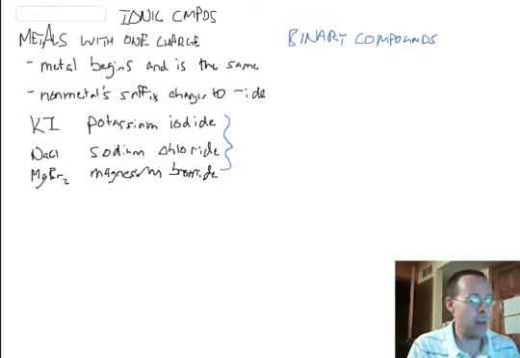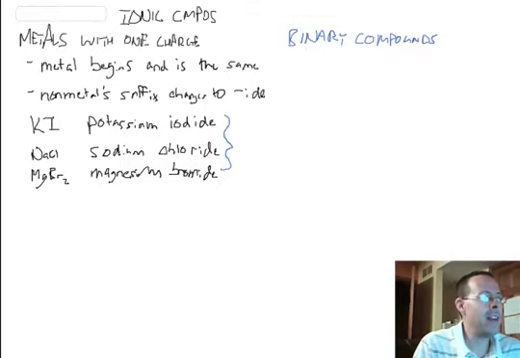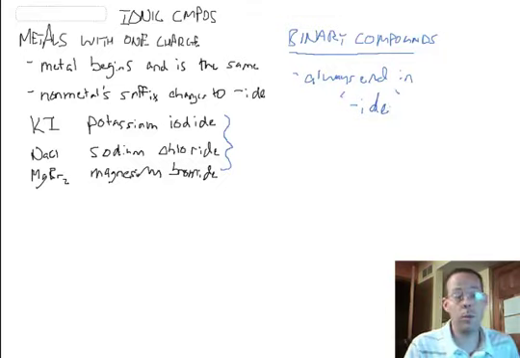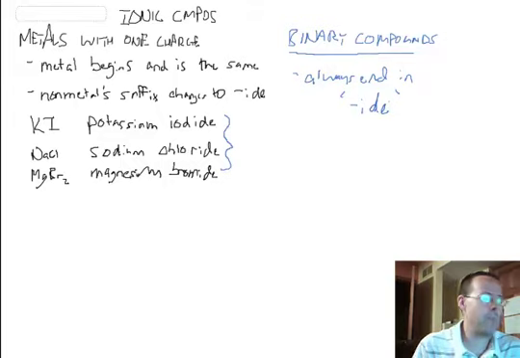It is made up of 3 atoms, but it's 2 elements. So binary compounds always end in "-ide". We'll refer to that again as we begin naming other things. But if there are only 2 elements, it will always end in "-ide".